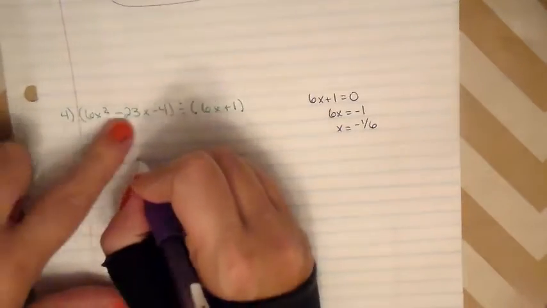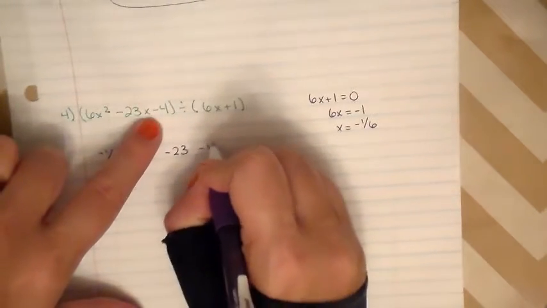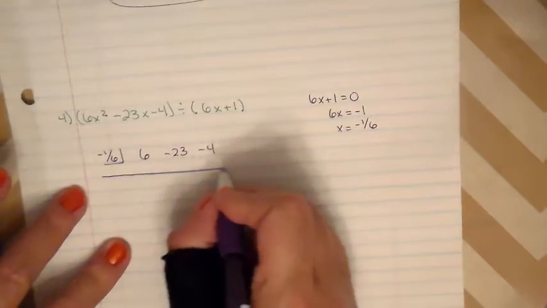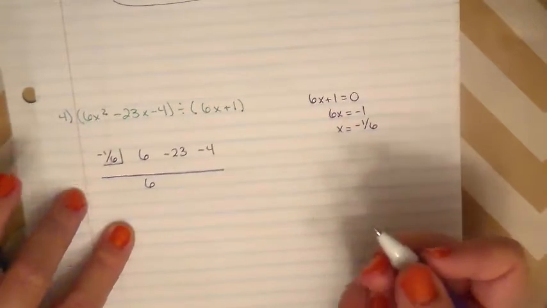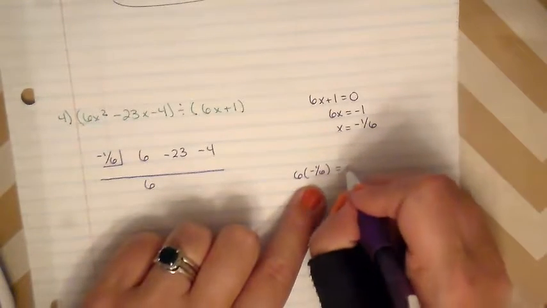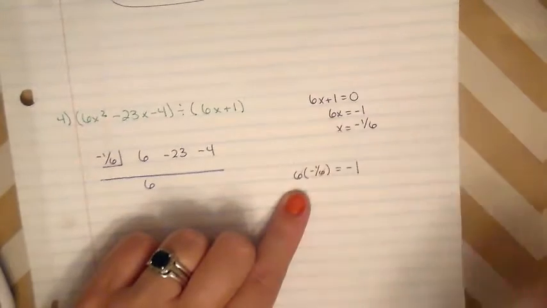Then my coefficients are 6, negative 23, and negative 4. Well, that's a constant, but draw my line. I bring down my 6. 6 times negative 1/6 is negative 1, because the 6's are going to cancel each other out.